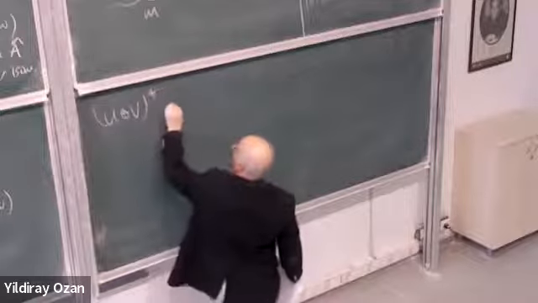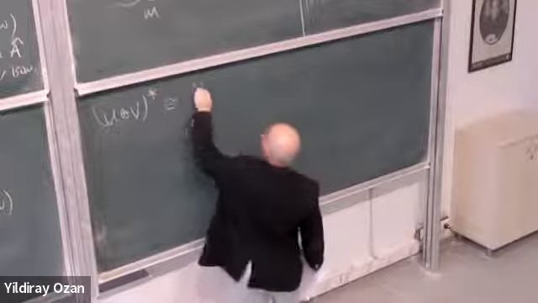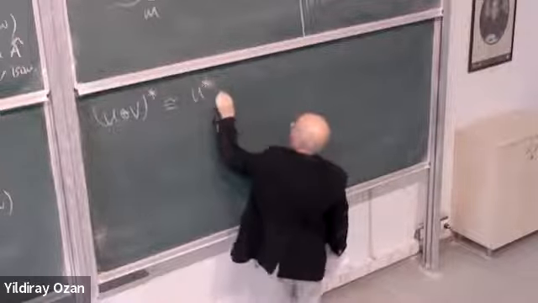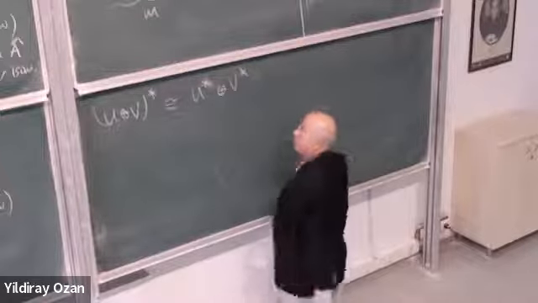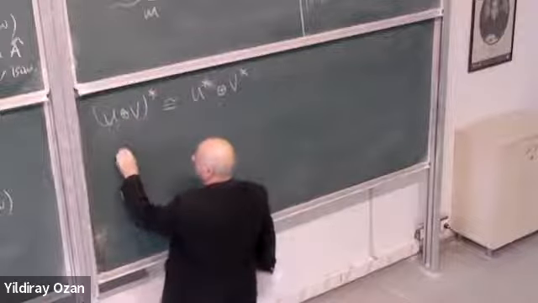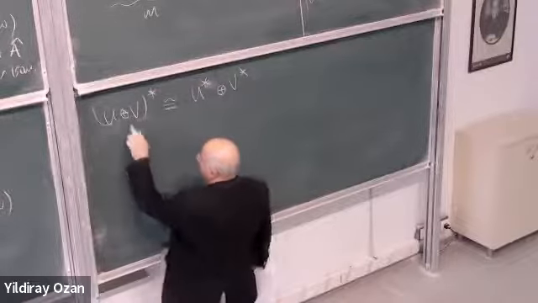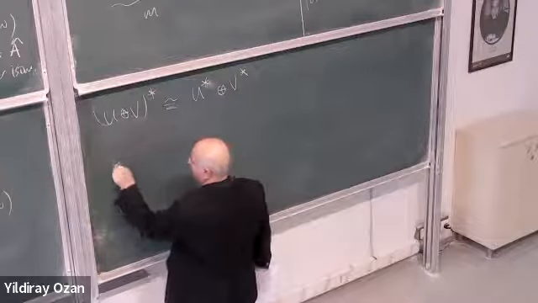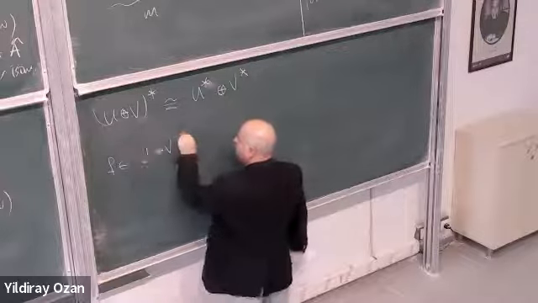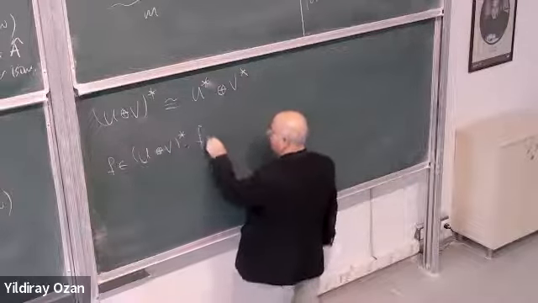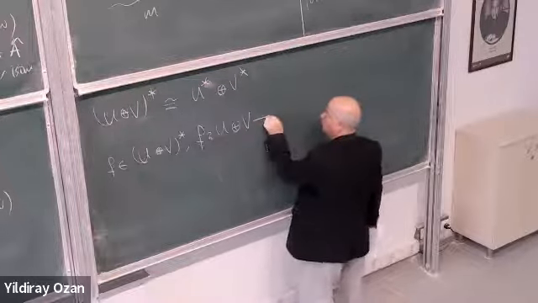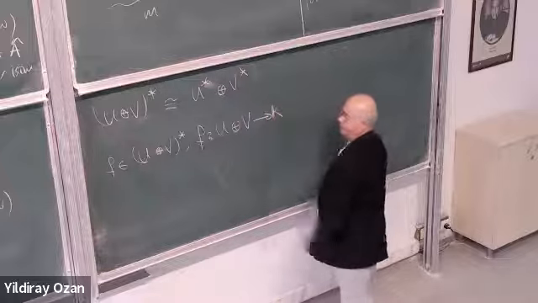Let me just look at this one. How do we define a canonical isomorphism? When you have an element here, what is an element here? If f is in (U direct sum V) star, then f is a linear map from U plus V into K, right?